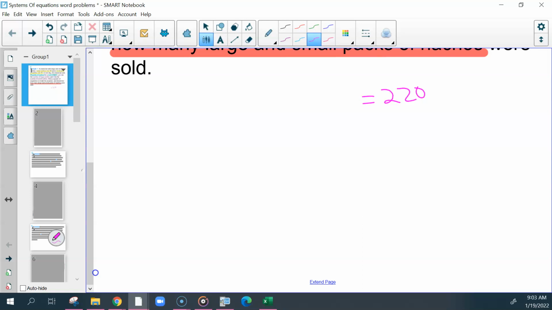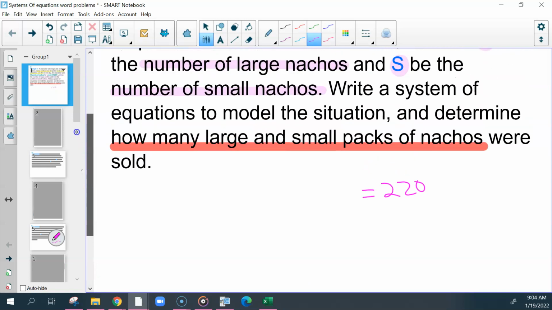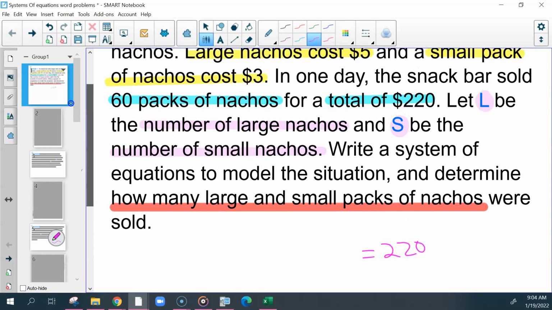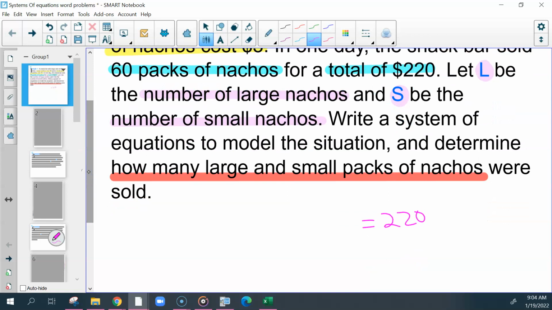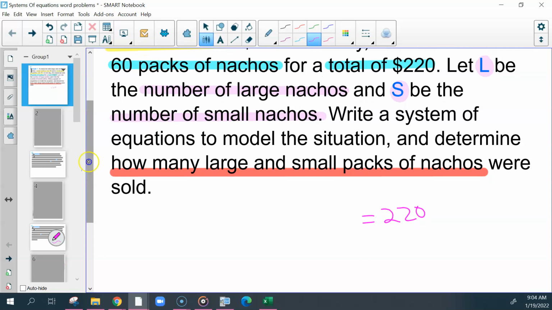These things tend to go together, so if we're looking for a total price, things that have money should also be in this. It would be your variable L and how much it costs, so 5L plus 3S. In this case, because we know our costs, we're going to include this, but also we need to multiply that by our number, because if we knew how many we sold and we multiplied it by the price, we would get the total price.